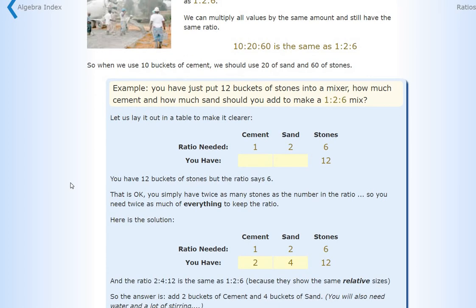Alright, let's do another example. Can you read this example? You have just put 12 buckets of stone into a mixer. How much cement and how much sand should you add to make a 1:2:6 mix? You get 2 cement, 4 sand, and 12 stone.